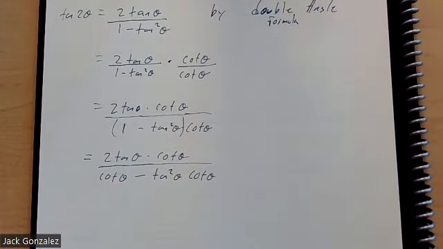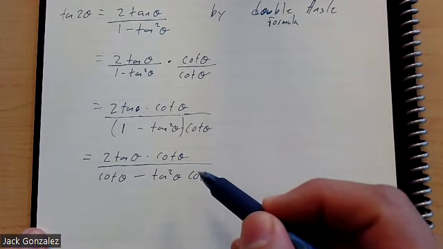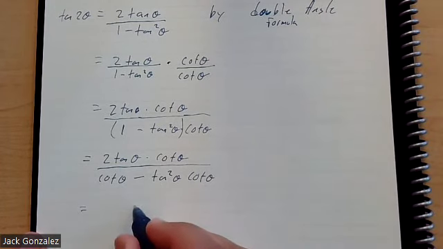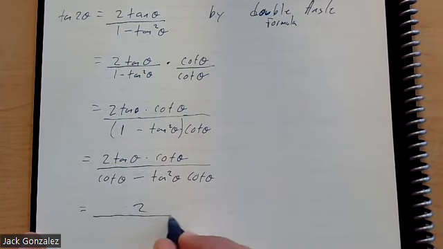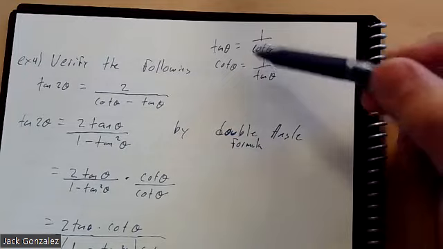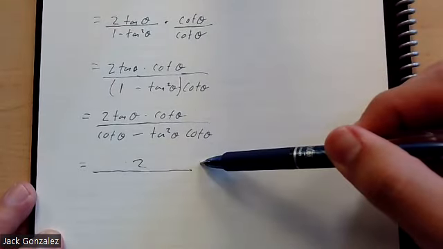Now I'll start canceling tangents. Tan times cotan. It's gonna cancel. Do you agree that the top will be a single 2? All right, because cotan is this, so is that clear? Are they canceled, or do you need an extra step?